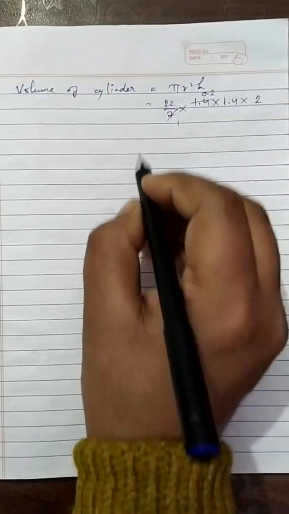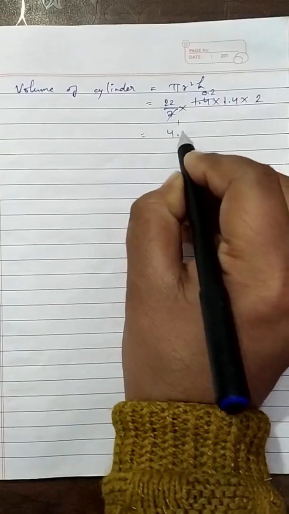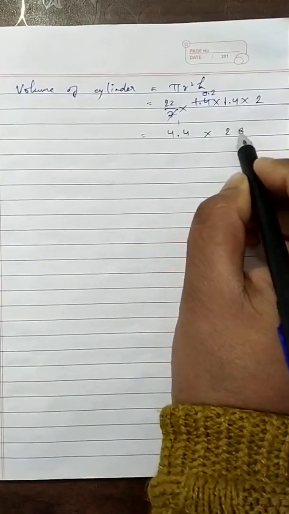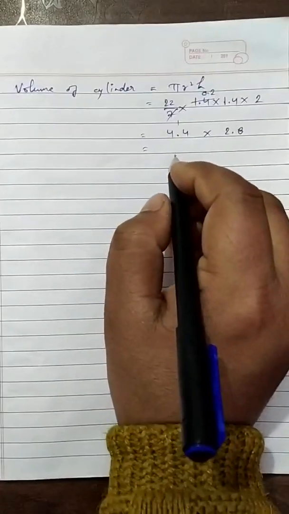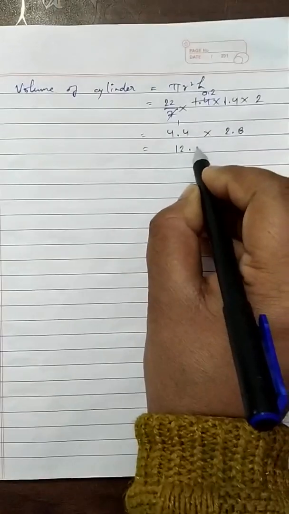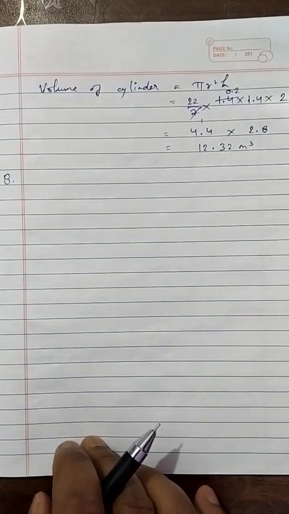So 7 ones are 7, 7 twos are 14 and 22 twos are 44 with the decimal between them, and 14 twos are 28 with a decimal between them, and on multiplying these two, 4.4 into 2.8, you get 12.32 meter cube.